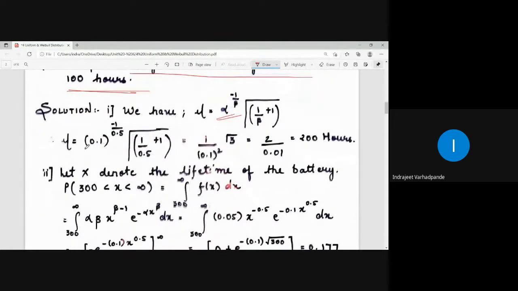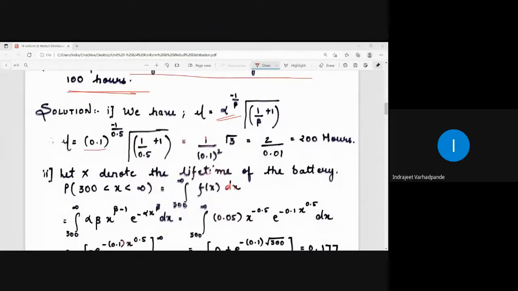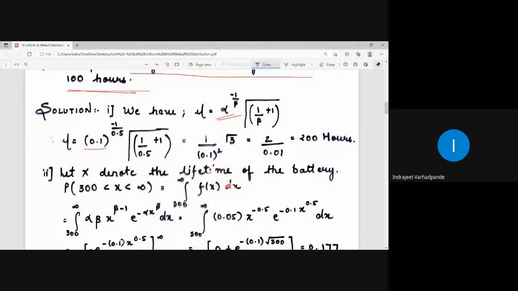So mu is equal to 0.1 raised to power minus 1 upon 0.5 multiplied by gamma of 1 upon 0.5 plus 1. Use the property gamma n plus 1 is n gamma n, else convert it into the whole number.